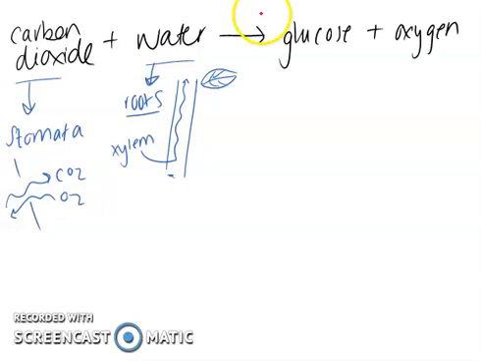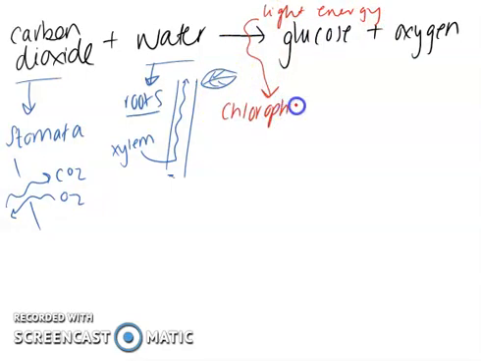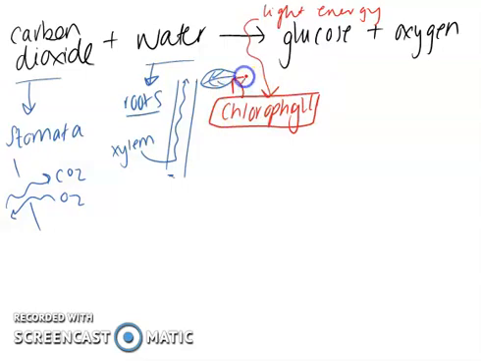So I mentioned before we need light energy, and this light energy is absorbed in the plant, in the chlorophyll of that plant. Okay, so this chlorophyll is found inside the leaves of the plant, and the light energy is absorbed. Now, because light energy is absorbed, this means that this reaction is what we call an endothermic reaction.